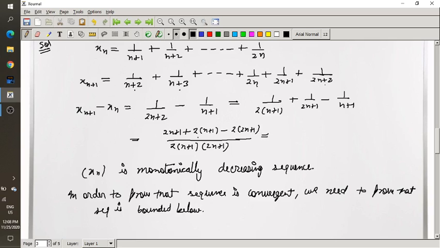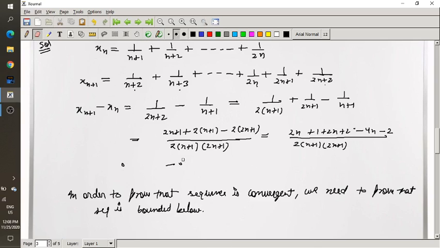So that will be equal to 2n plus 1 plus 2n plus 2 minus 4n minus 2, whole divided by 2 into n plus 1 into 2n plus 1. So this will be equal to, sorry, there is some mistake, I need to rectify it. So 2n cancels, 2 cancels, and here the answer is 1 upon 2 into n plus 1 into 2n plus 1. So it is a positive term. So this is positive for all n belongs to natural number, and the whole idea is changed now.